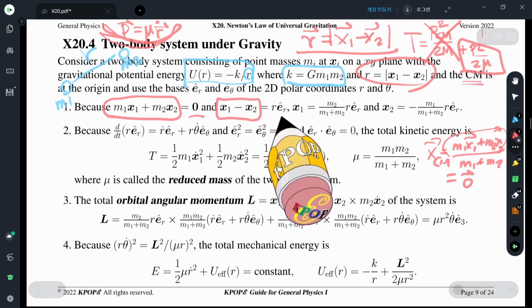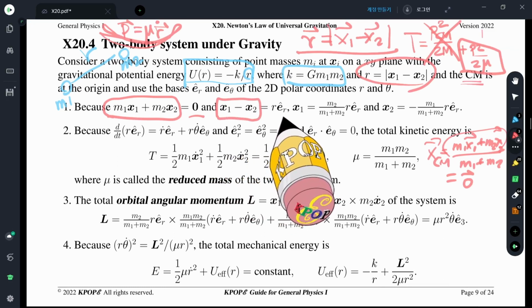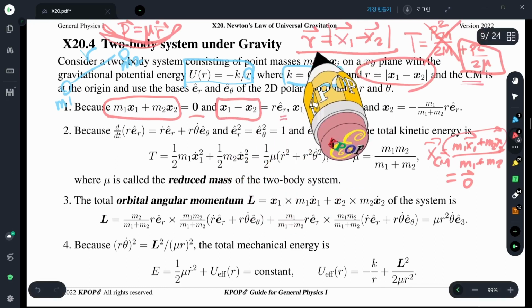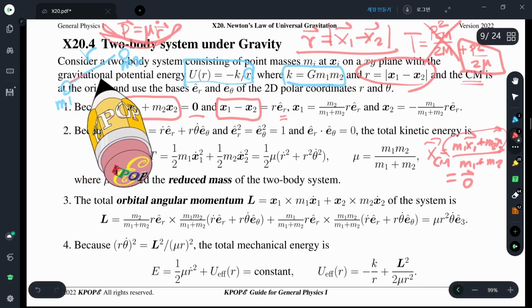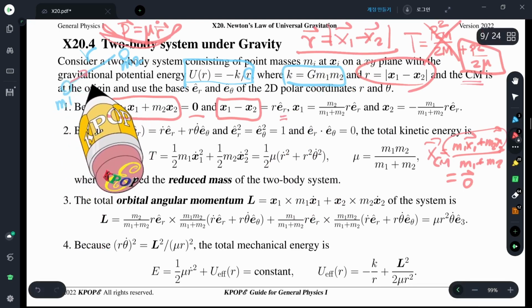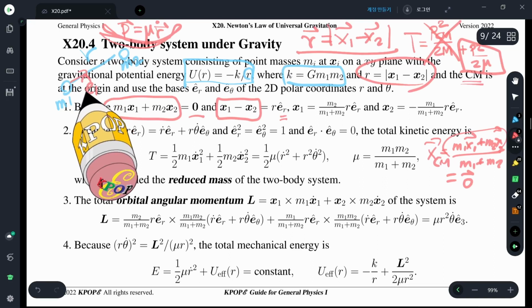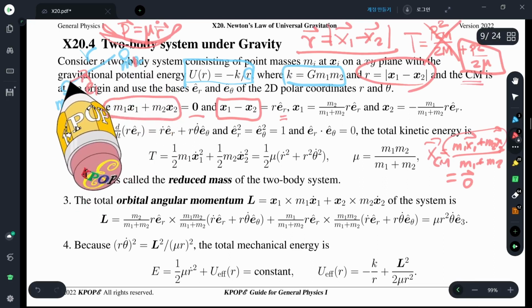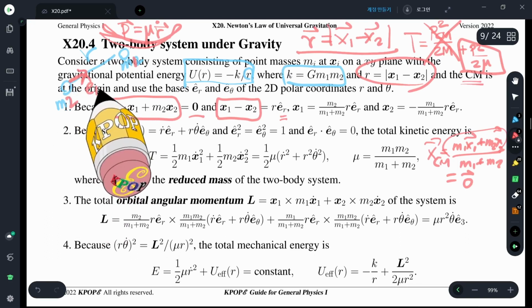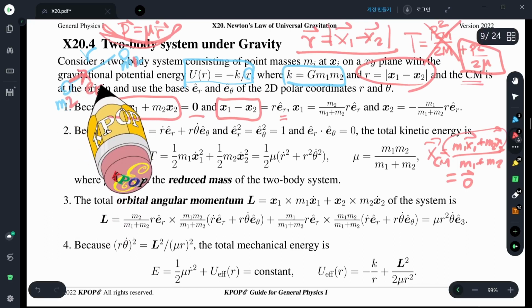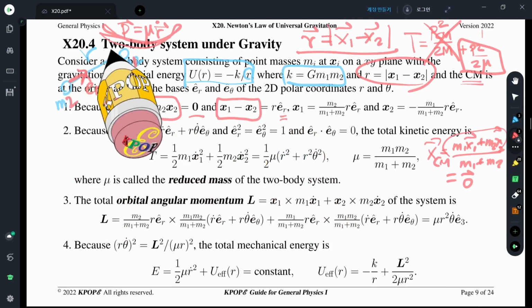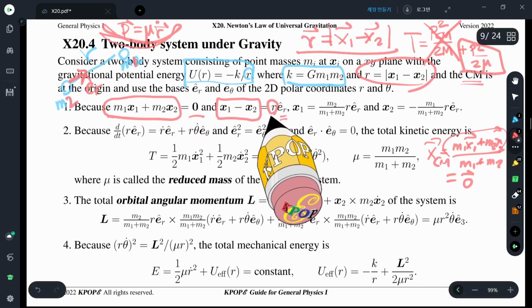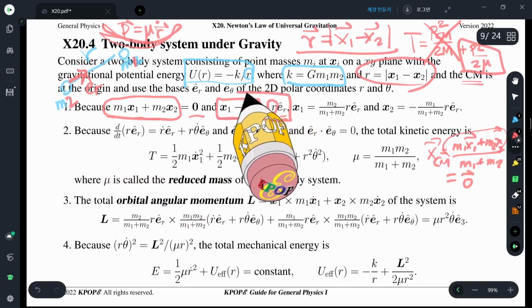And we use the unit radial vector connecting the two, so, for example, e1 hat, m1, m2, e1 hat. So e_r, the radial direction. And the distance is r, so this is a linear equation.